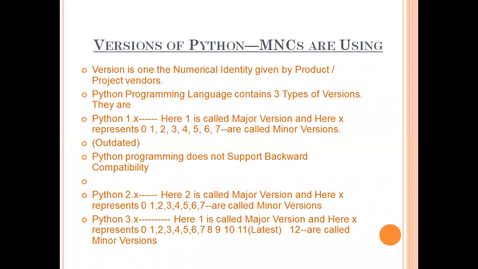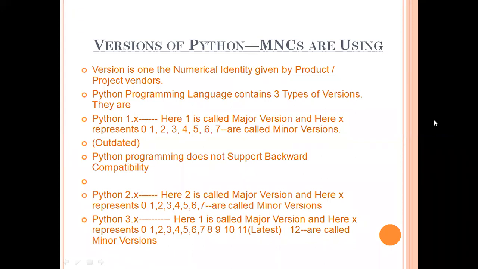So after the point, whatever versions come are the minor versions, and before it is the major version. Now, the 1.x versions are all outdated. Let me clear one thing to you: Python programming does not support backward compatibility.